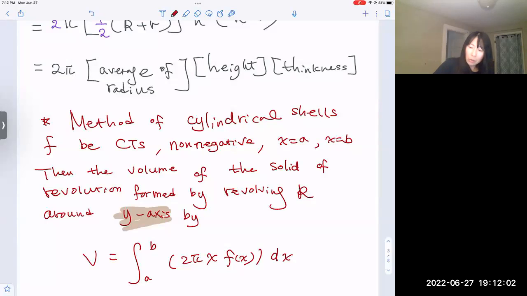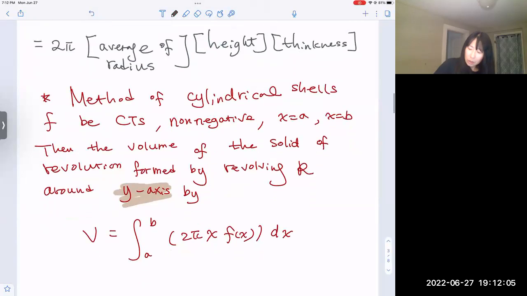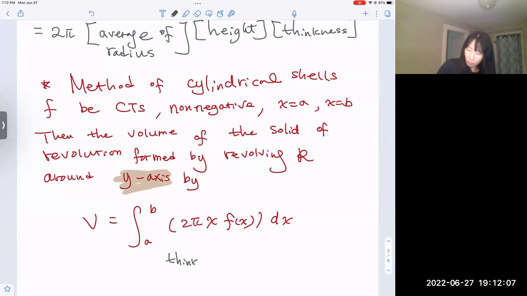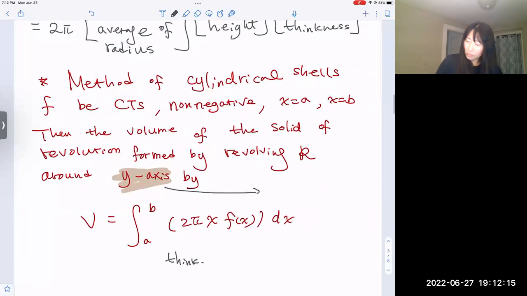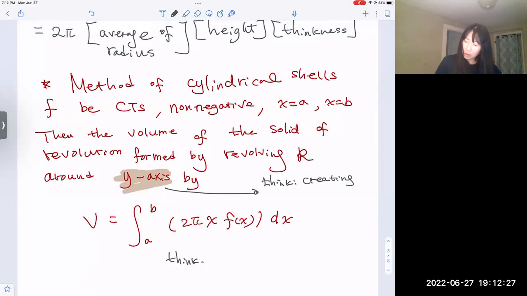Okay, so let me rewrite for you. Think of revolving around the y-axis, creating the solid of revolution. We create the cylinder, the shell.